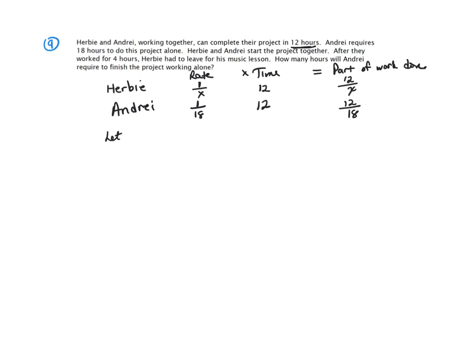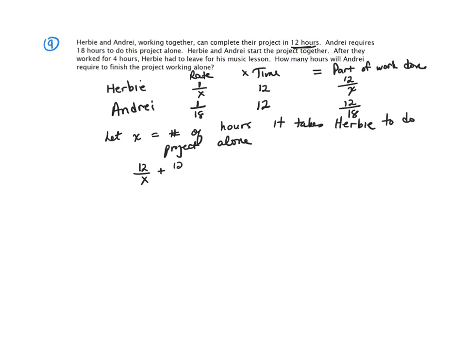And the first part would say let x equal the number of hours it takes Herbie to do the project alone. So our first equation can be 12 over x plus 12 over 18 is equal to 1.